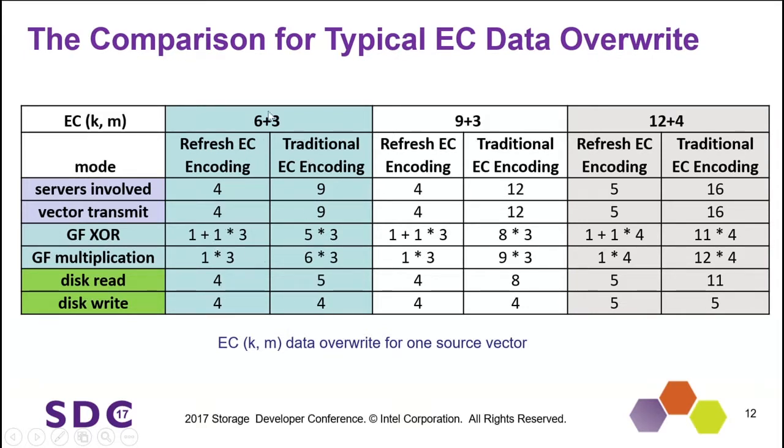And from the comparison of data strategies 9 plus 3 or 12 plus 4, whose source vector number is much larger than the parity number, Refraction encoding is really helpful for data overwrite.